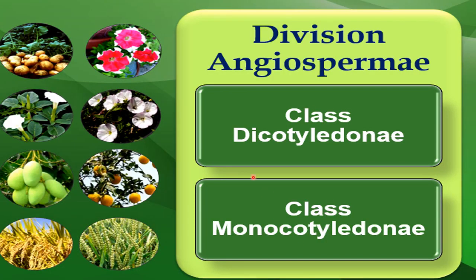Then in case of plants, we use the term division instead of phylum. This is also the same thing, meaning a group of classes in which organisms have few similarities will make a division, right? So angiosperm is a division in case of plants. Another division name is gymnosperm. So gymnosperm and angiosperm are divisions in case of plants. And these two classes, dicotyledon and monocotyledon, come under the same division, that is angiosperm.